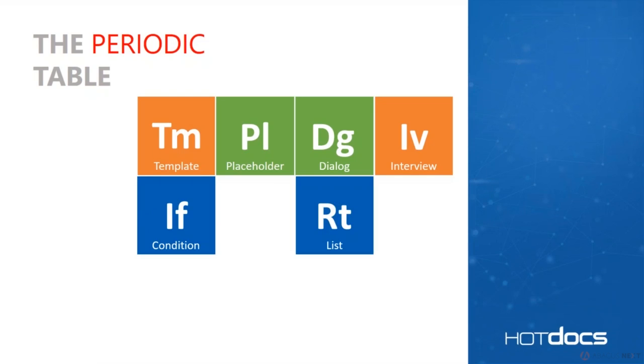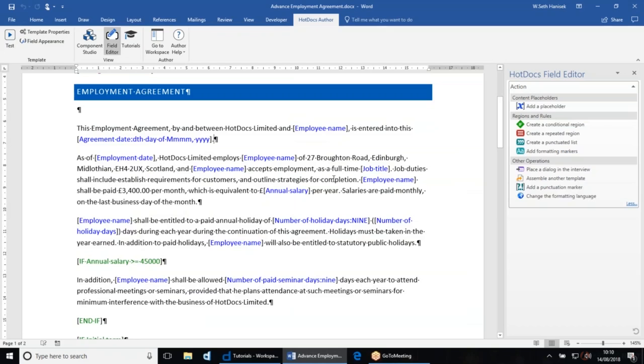Repeated lists are a way of gathering information from the user when we don't know how many items there might be, and they allow us to format that list in many different ways. As an example, we have here a list of job duties.